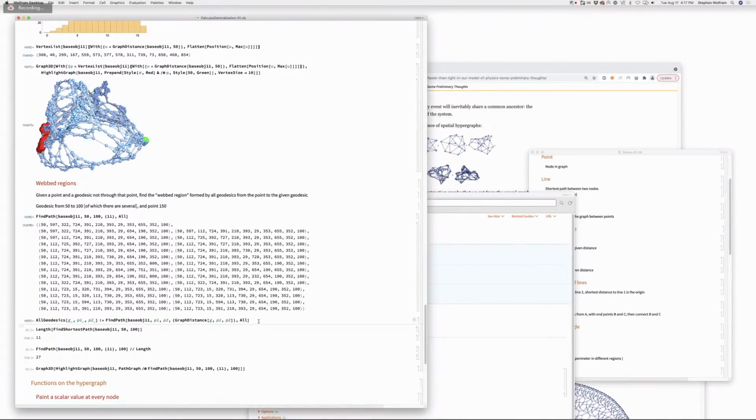Okay, so that's all geodesics. So let's just check that. Really? We had many more geodesics before. Right? Up here, I am confused. 50 to 100 of length.